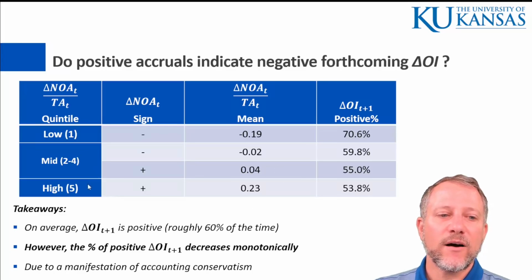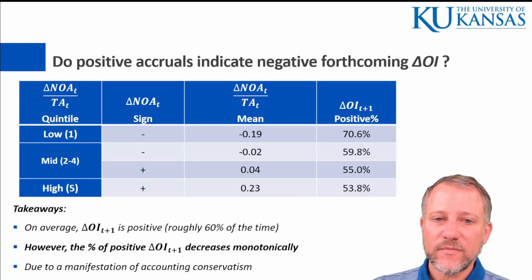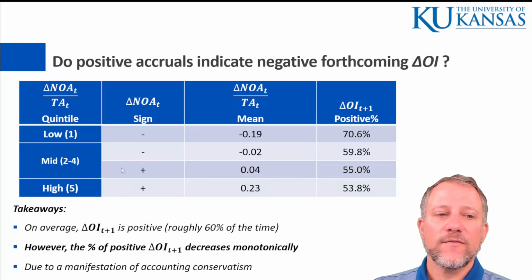And then all the way up to the largest increases in NOA. The companies in the highest quintile of increases all have increases in NOA, on average around 23% of total assets. For the three buckets in the middle, we lumped them together with one caveat.